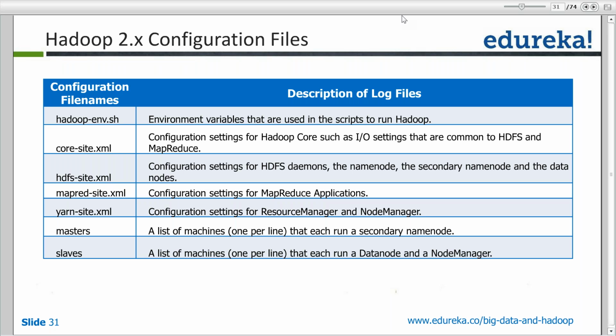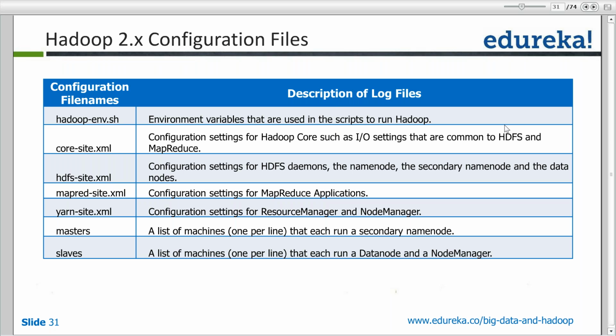Now the properties which are specific to HDFS, a typical example is your block size, your replication factor. This is typical to your HDFS. Such properties should go in your hdfs-site.xml.